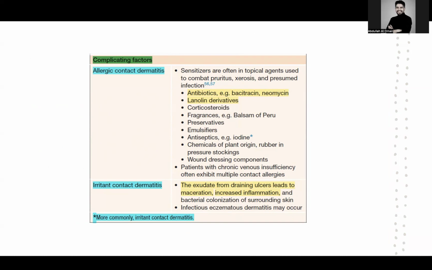Another derivative factor is lanolin, which is found in emollients and is also derived from wax and wool alcohol. These patients may have a risk of ulcer with stasis dermatitis. Other irritants may also lead to maceration and increased inflammation, which also complicates the picture that we have here.